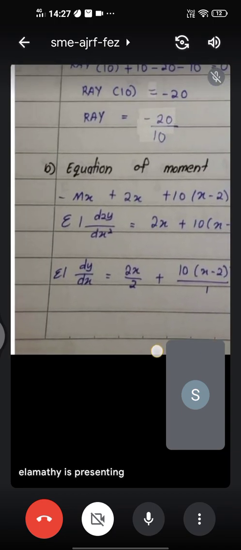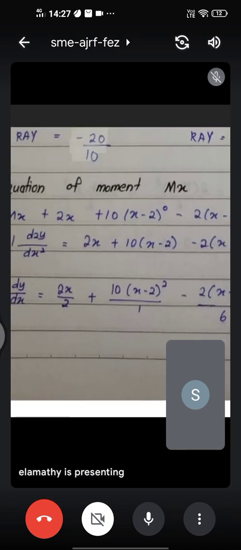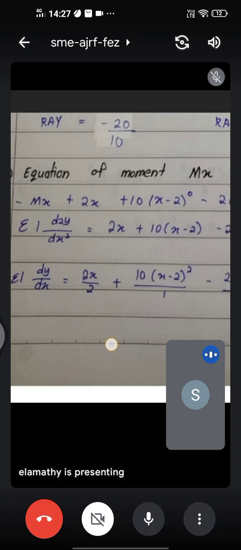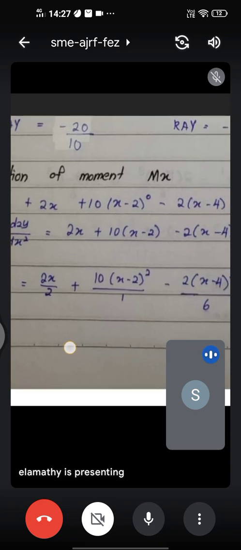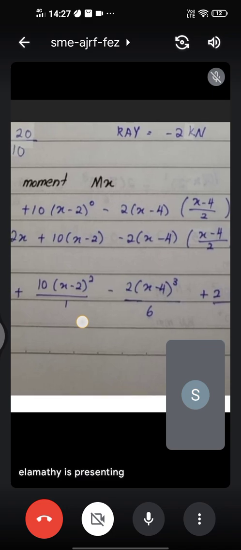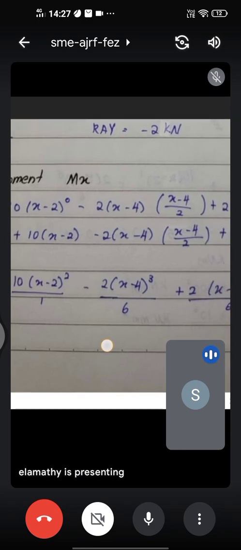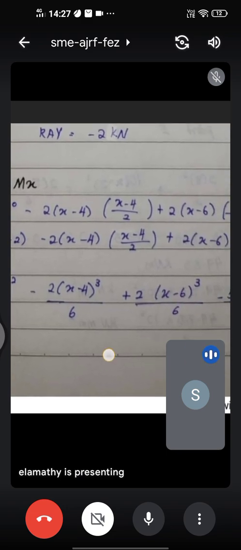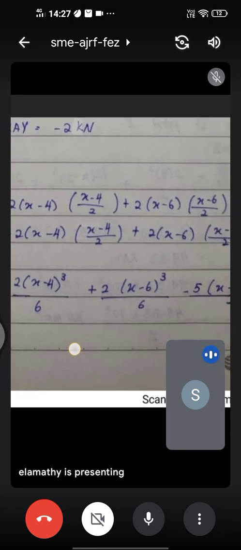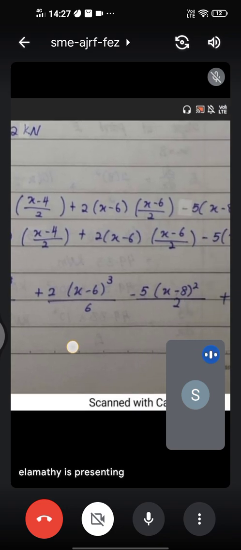Next, B. Equation of moment Mx. Negative Mx plus 2x plus 10 open bracket x minus 2 close bracket to the power of 0, minus 2 open bracket x minus 4 close bracket, and you have to open another bracket x minus 4 over 2 close bracket, plus 2 open bracket x minus 6 close bracket.